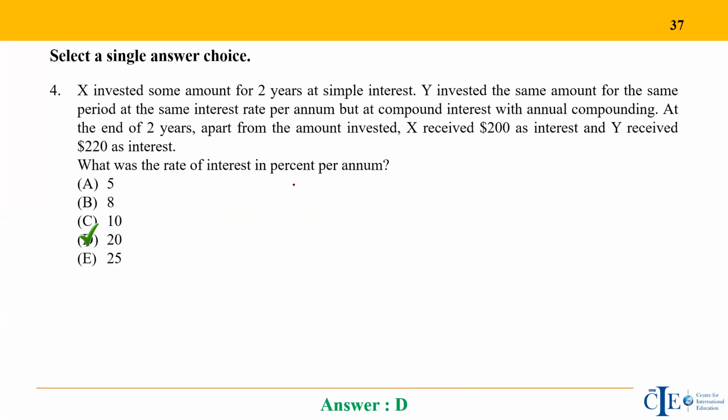So if it is given, a person is charged some interest at 6% half yearly. So he is charged at a rate of 6%, half yearly or semi-annually.